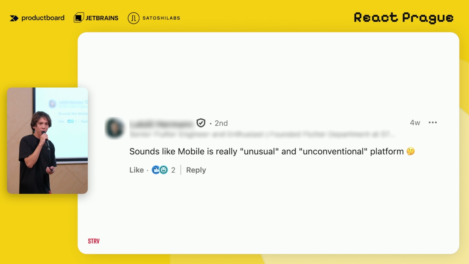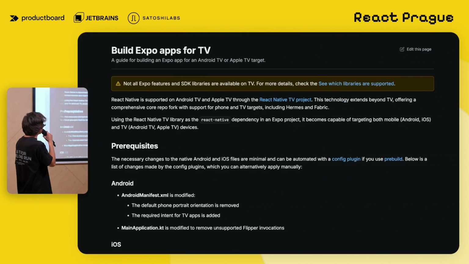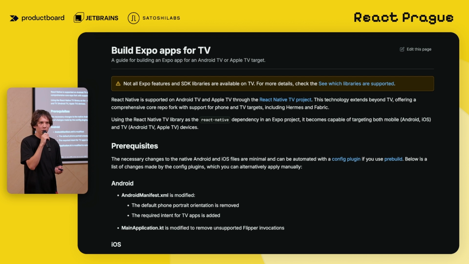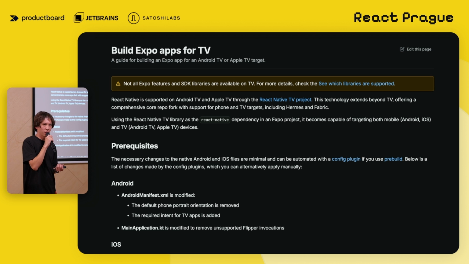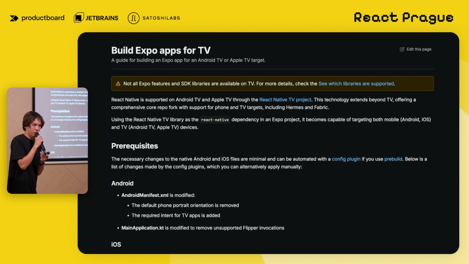And I totally agree with it. Also, TV apps are not that unusual these days, because a few years ago you were able to do TV apps with React Native. Now even Expo supports building TV applications.